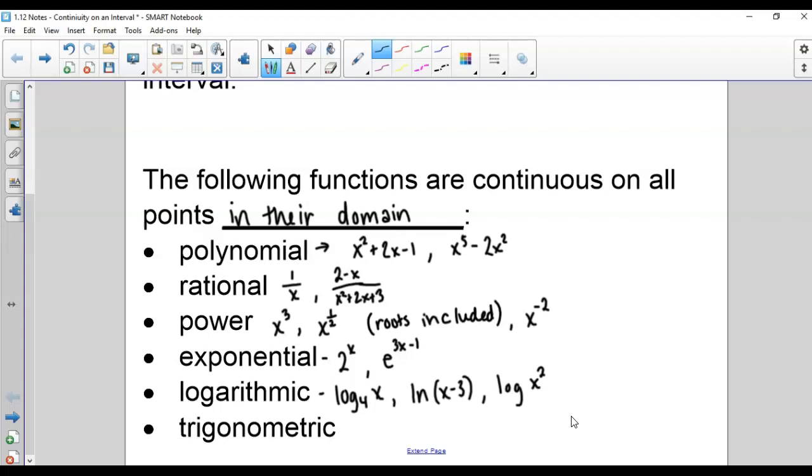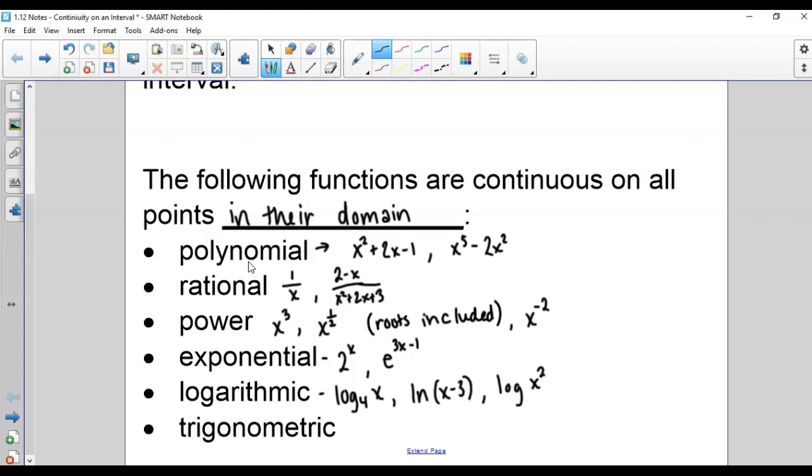These types of functions are continuous for all points in their domains. So it's important for us to know the domains of these different functions to help us see what type of continuity we're going to have.